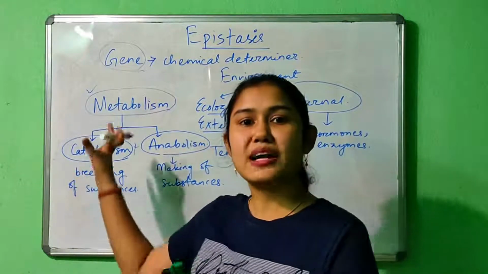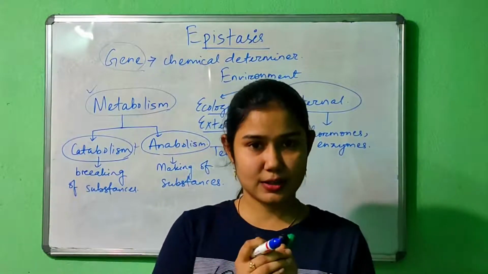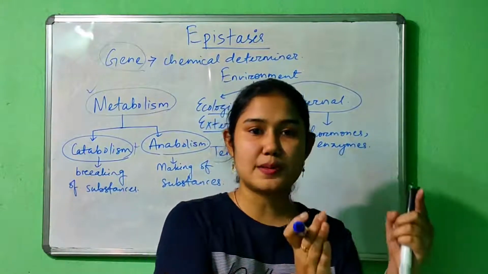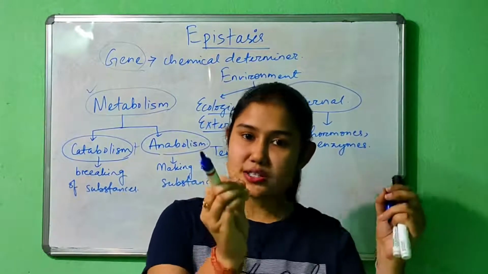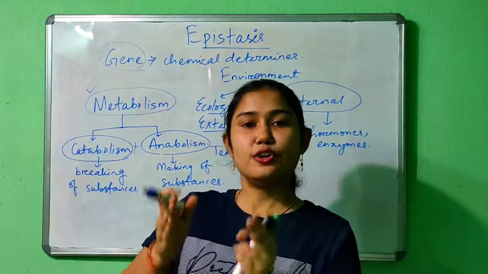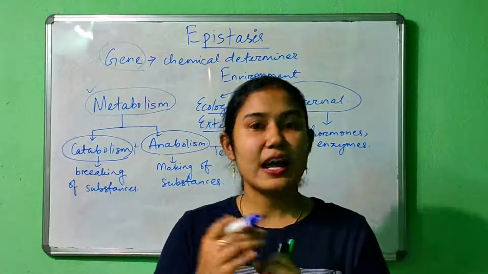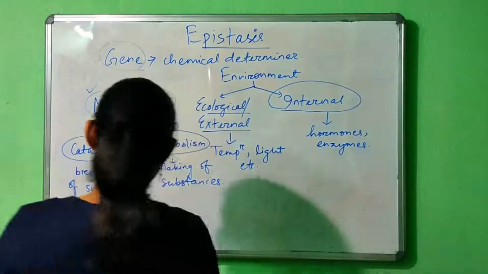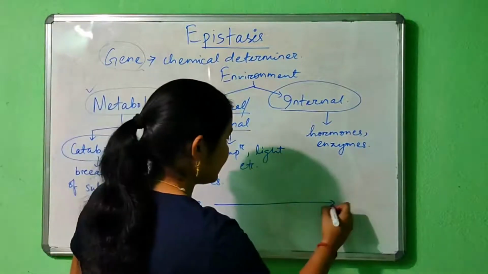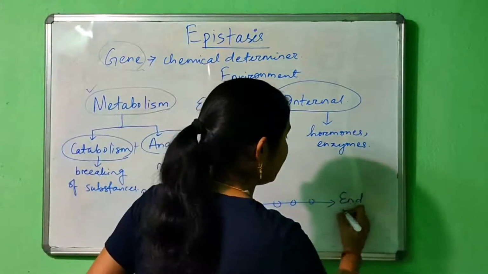So these metabolic processes involve various steps, where some precursor molecule is there, and that precursor molecule gets converted into various subsequent molecules and ultimately gives rise to the final product or the end product, right? So there is a precursor, and in various steps we get the end product.